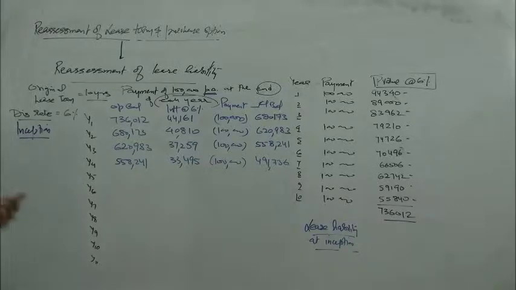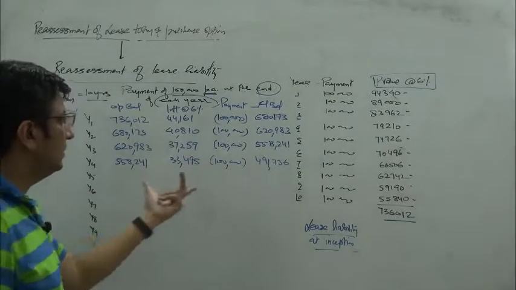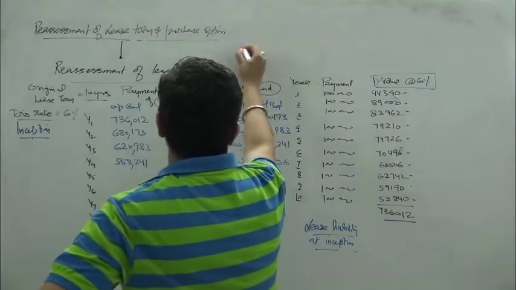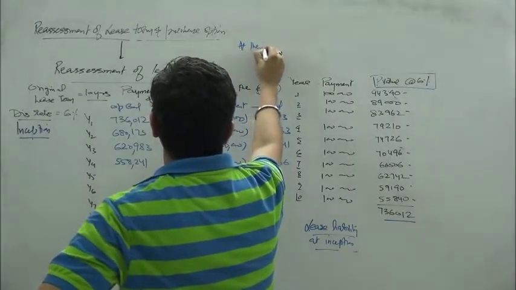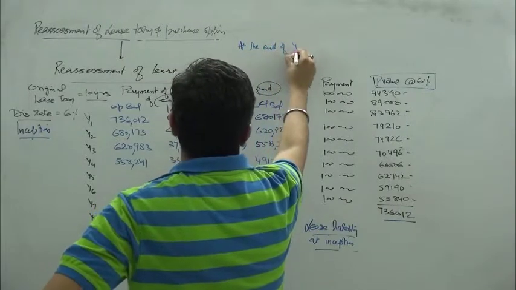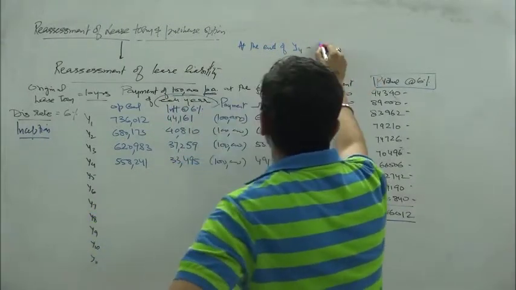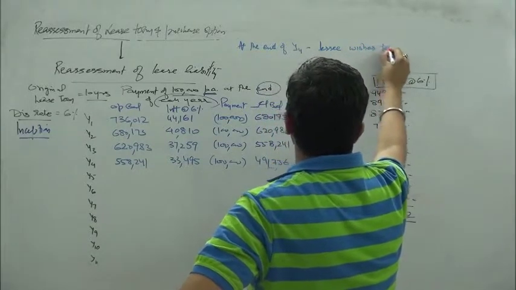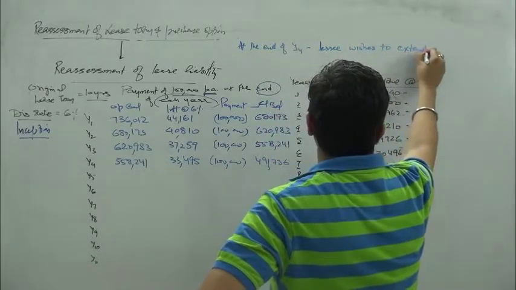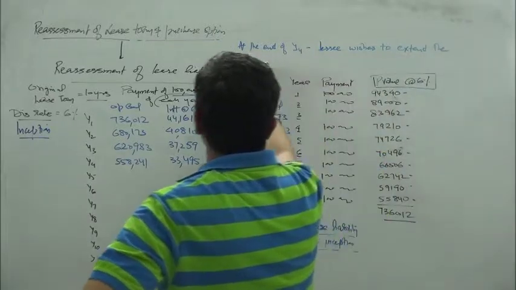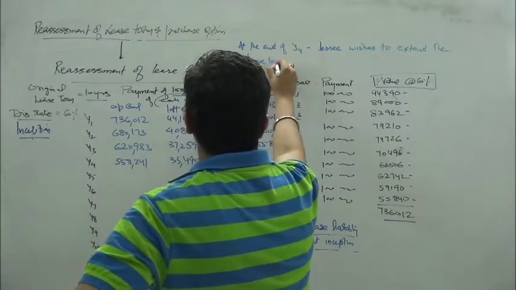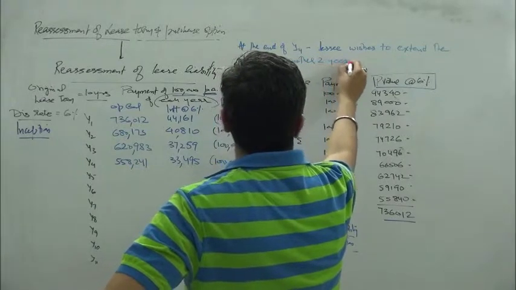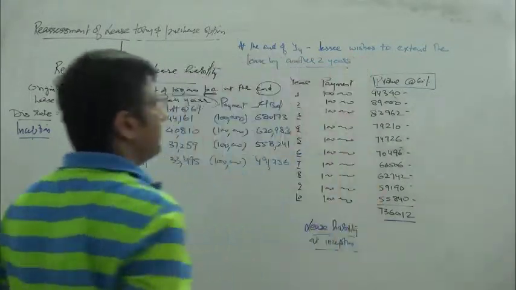at the end of year 4, the lessee wishes to extend the lease by another 2 years.